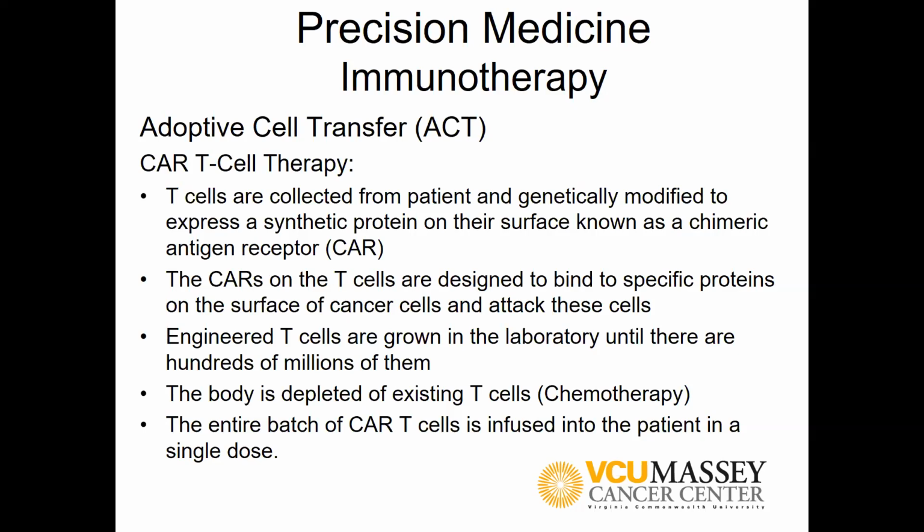So they make the T cells able to recognize that specific tumor that the patient actually has in his or her body. And then once they did that, they grow and multiply these T cells to the billions.